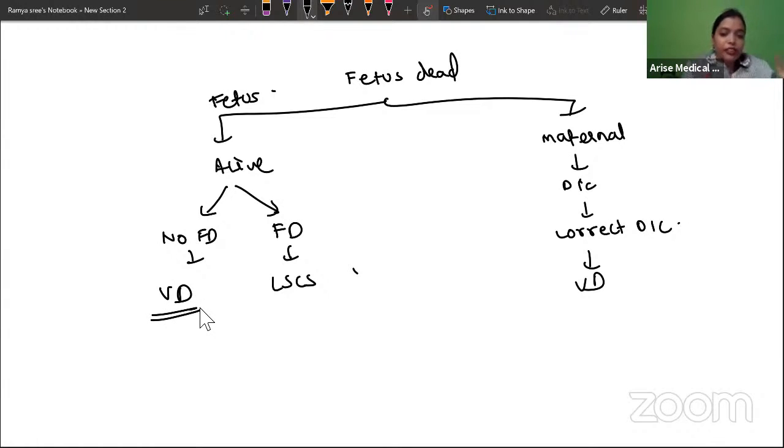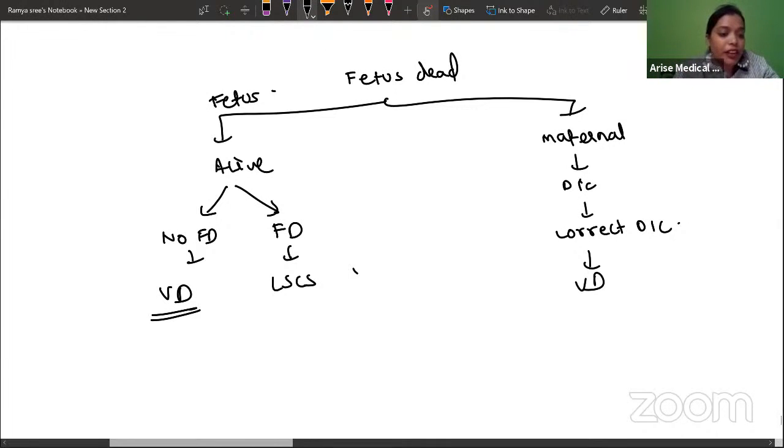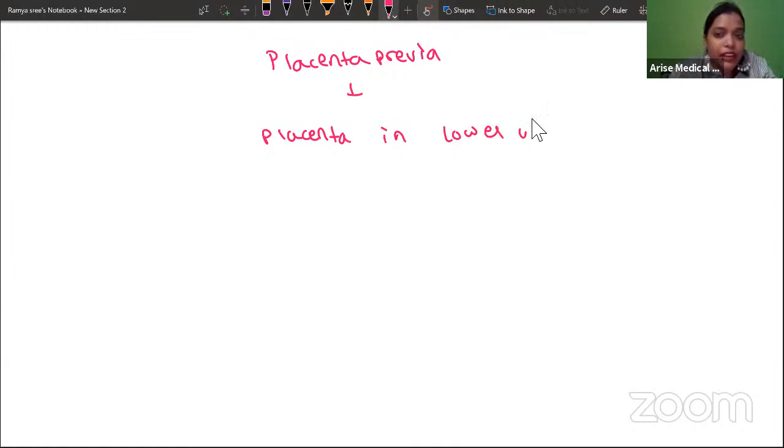So basically, you have to know that here placenta is getting separated, so uterus is going on contracting to push everything outside. So it is a premature separation of the placenta. Coming to the placenta previa. Placenta previa is placenta lying in the lower uterine segment. Normally, placenta should be in the upper uterine segment, but here placenta is in the lower uterine segment.